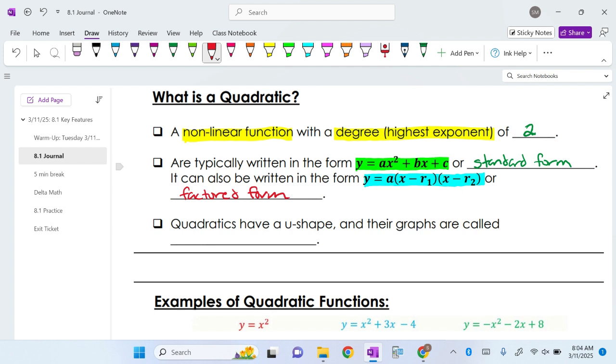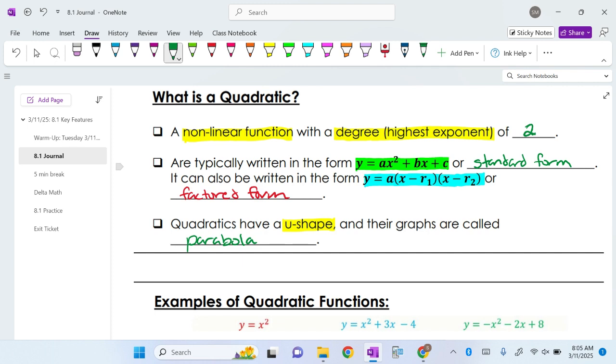Now, the shape of a quadratic graph looks something like a U shape, and these are called parabolas. So if you hear me throw the word parabola around a lot, I'm referring to the graph of a quadratic. So in this class, you're specifically looking at its graph form, its standard form, and its factored form. When you move on to Math 2, there's another form of a quadratic called vertex form, but we don't learn that in this class. We only care about standard and factored form.